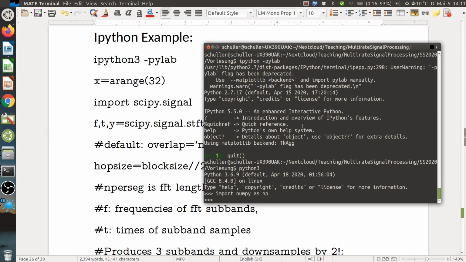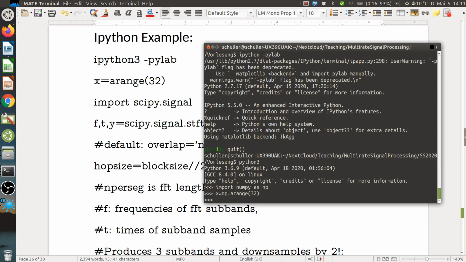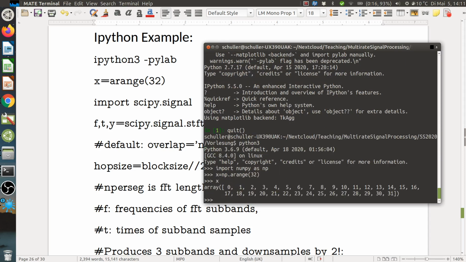First we generate an artificial signal x. x equals, in this case, np.arange(32). Arange is a function in the library numpy, and it generates 32 numbers between 0 and 31. Here we can actually see it. This is our artificial signal, a ramp signal, just counting up.